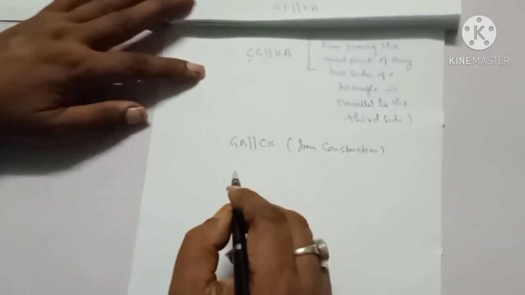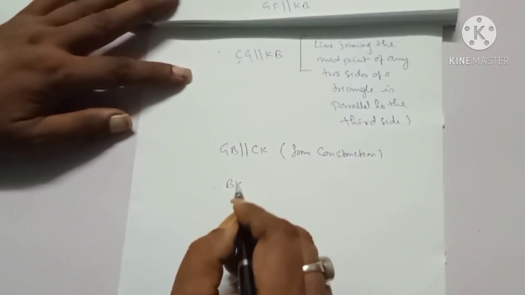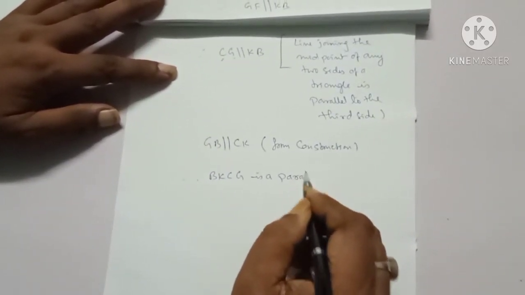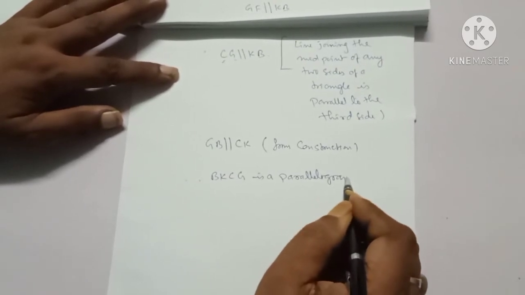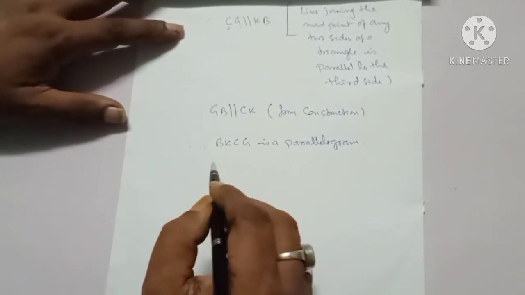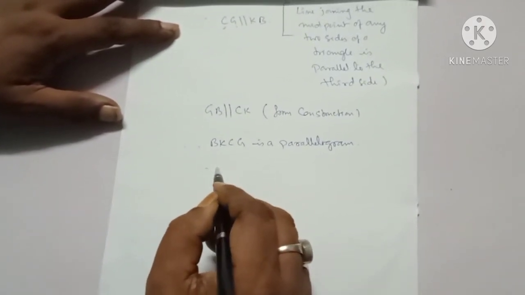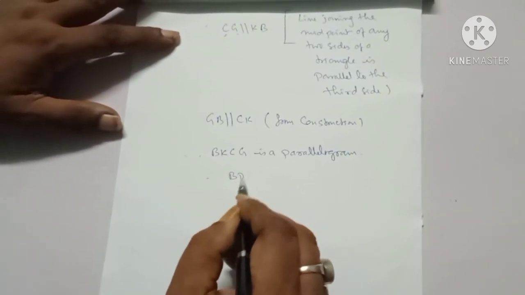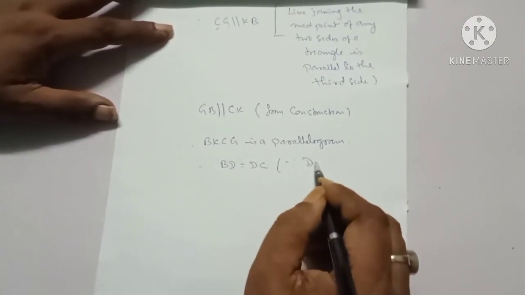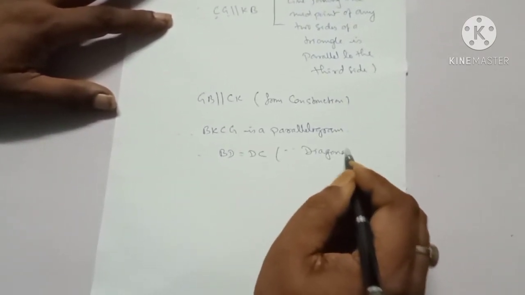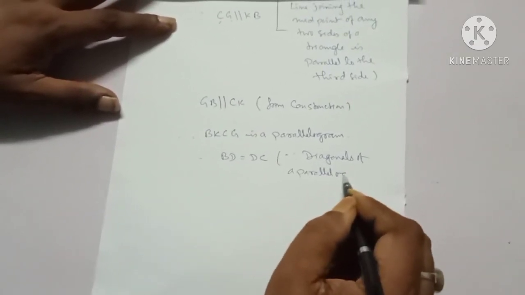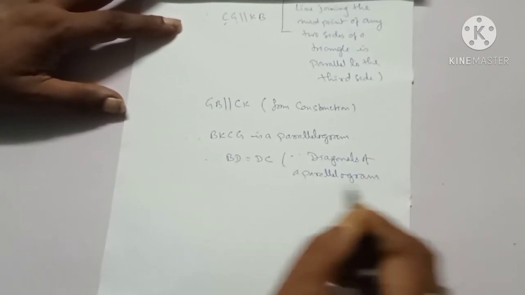Therefore, I can say that BKCG is a parallelogram. Therefore BD is equal to DC. Why? Since diagonals of a parallelogram bisect each other.